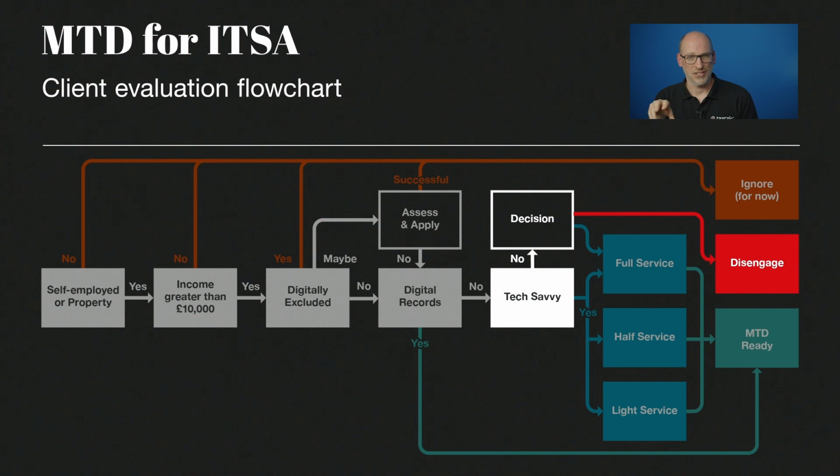If you determine that they're not capable of using the software, and for me, although I had a broad mix of clients, some using software, some spreadsheets, some doing things manually, I'd always want them to be doing digital record keeping. So if I've not managed to persuade them yet, it's probably because they're not tech savvy or not engaged, they don't want to. So this would send them down the no path.